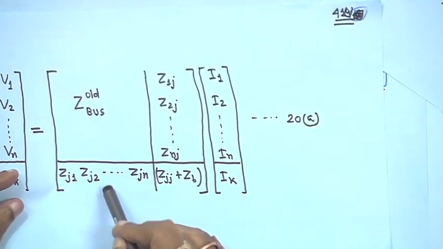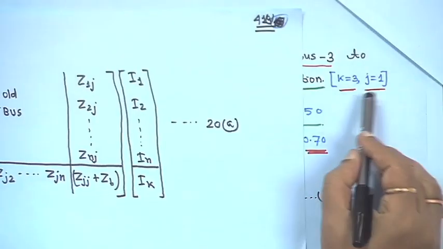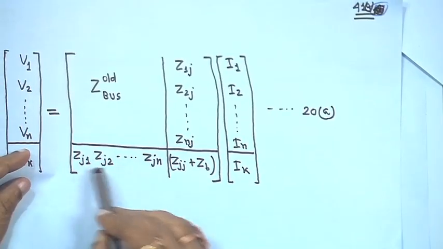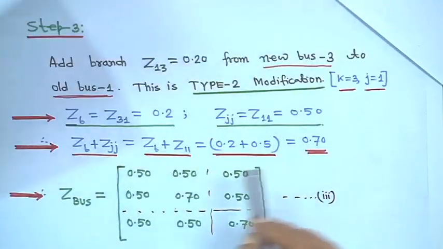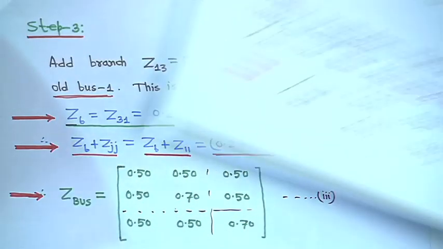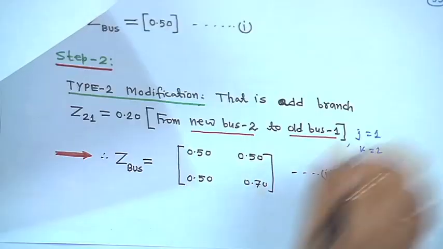Because the dimension is increasing, k is 3 and j is 1. You have already got, when j is 1, Z12 and Z21, which are 0.5, 0.5.